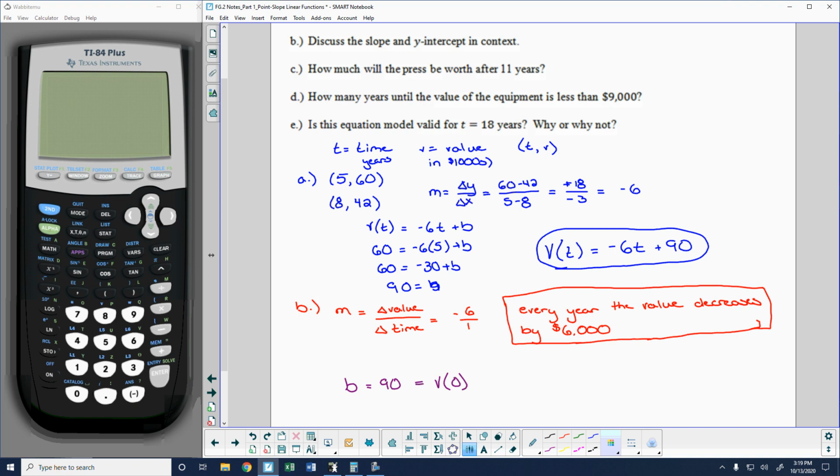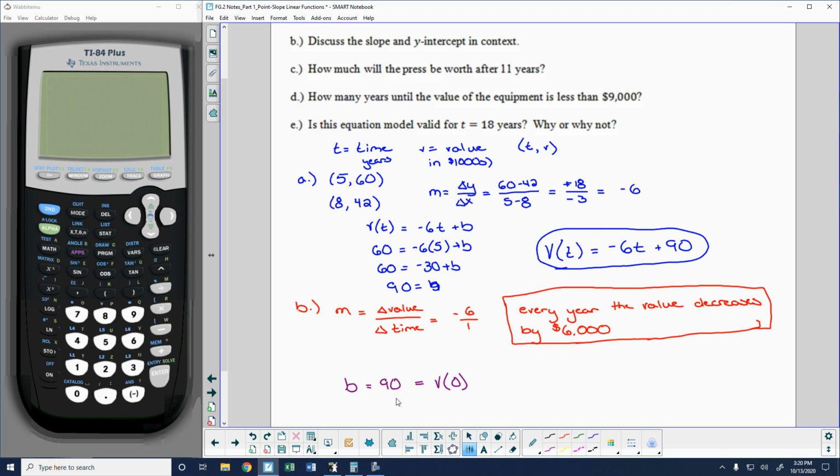So the y-intercept can also be written as v of 0. We saw that in the previous unit where we were looking at function notation. So if I write it like this, my x value is 0, my y value is 90, or my time is 0, and my value is $90,000.